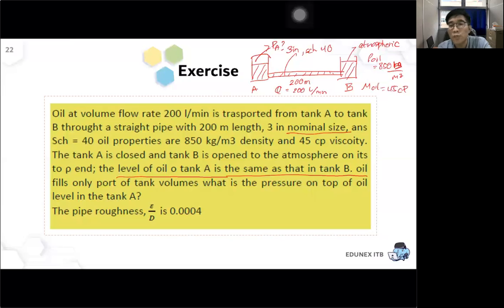First, what do you need to do? How can you calculate the pressure at point A? What kind of equation do you need to derive or use?